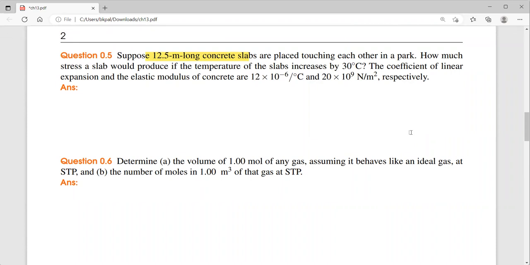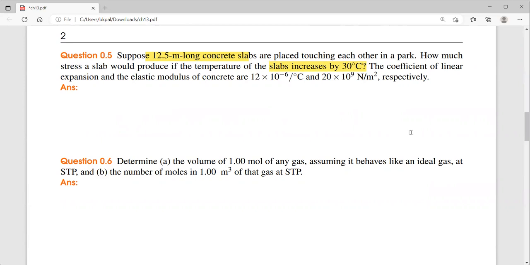Now we have to calculate the stress, but first let's see what the other given information is. So it says the temperature increases by 30 degrees Celsius. So it means that the delta T is 30 degrees Celsius.